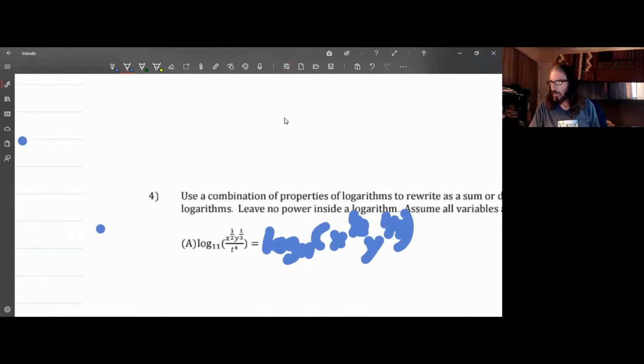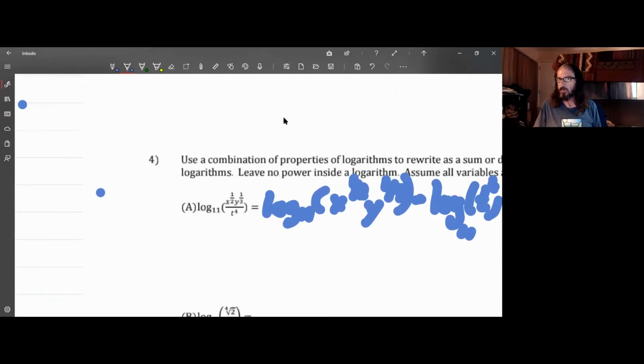Now, right now, on that part being subtracted, we could go ahead and apply the power rule right now.